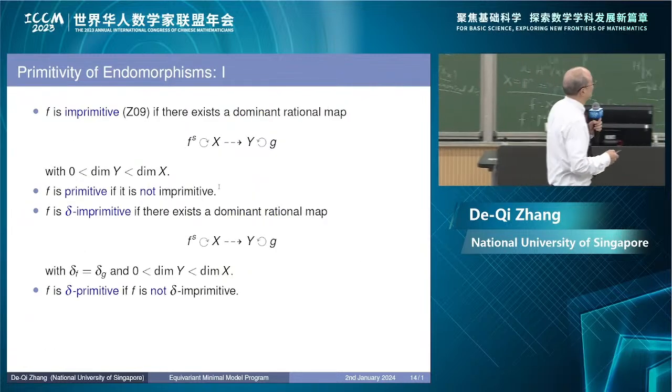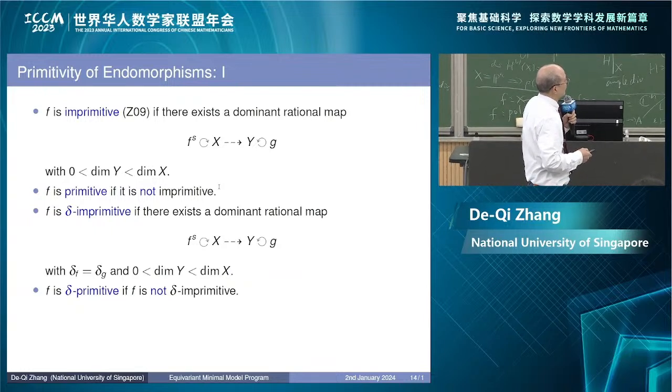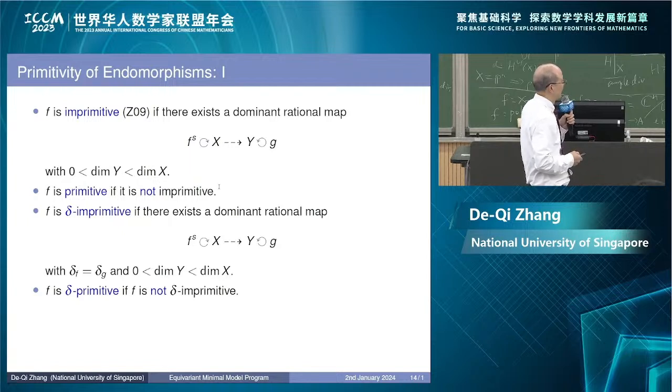Then a bunch of definitions. Imprimitive means that you can descend the endomorphism to a downstairs of smaller dimension. Primitive means it's not descendable. Delta-imprimitive means you can do descending, and further the dynamic degree is preserved. Delta-primitive means it's not the case.